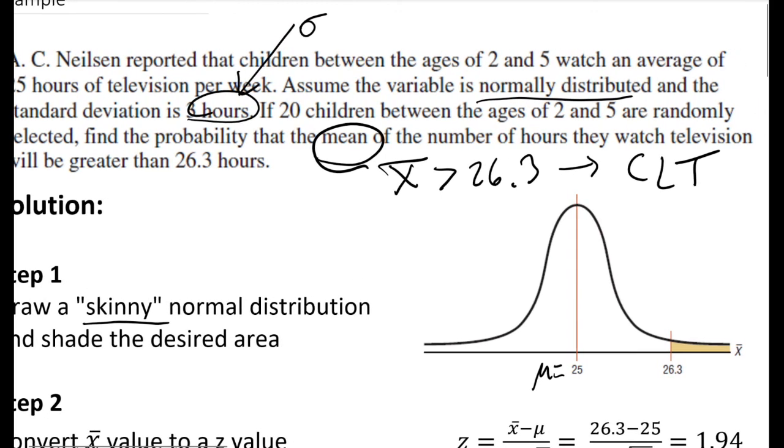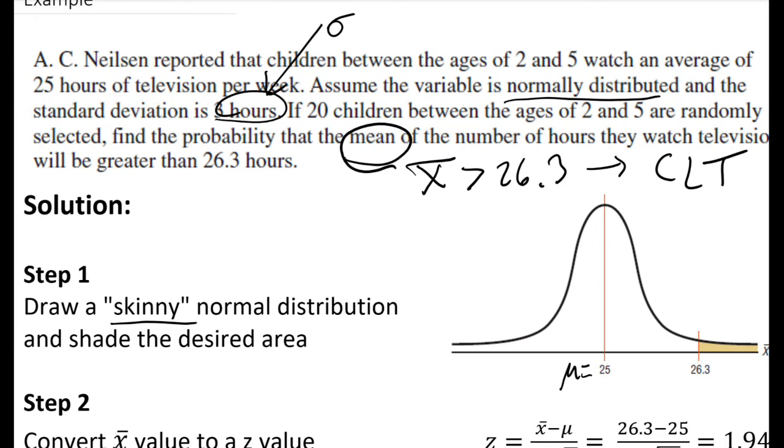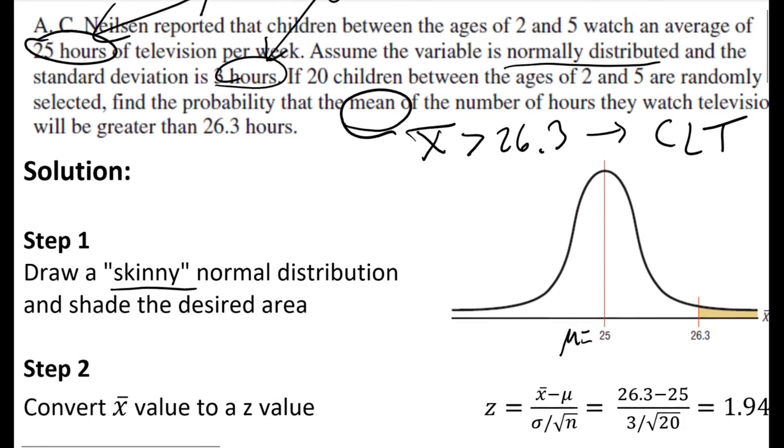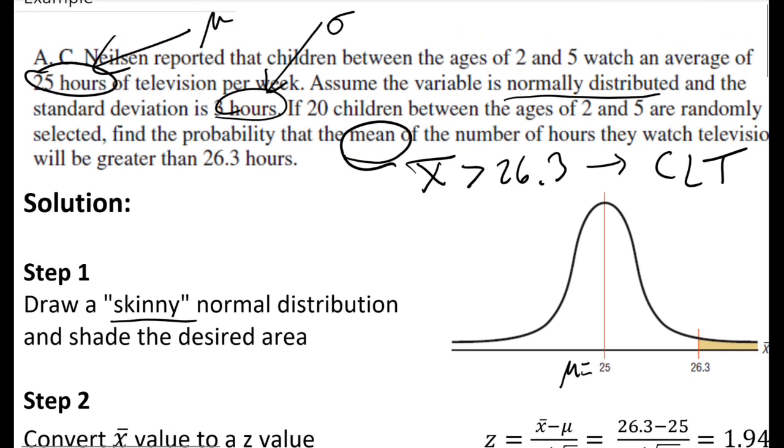And they reported that children between the ages of 2 and 5 watch an average of 25 hours of television. So that's the average for the entire population of children between 2 and 5. So that's my mu. We know that mu is 25 and the standard deviation is 3. However, when we do this curve, we're doing it based off sigma divided by square root of n. So just keep that in mind. We're going to be using the formula for that.